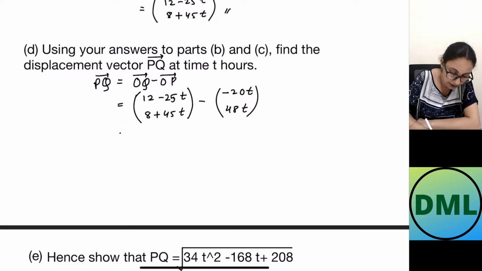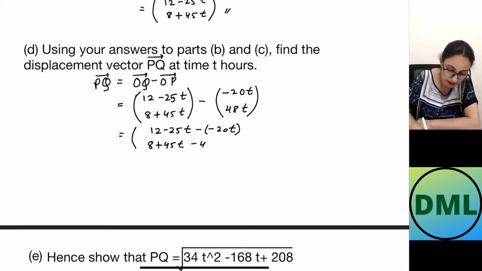So that will be written as 12 - 25t - (-20t), and 8 + 45t - 48t.